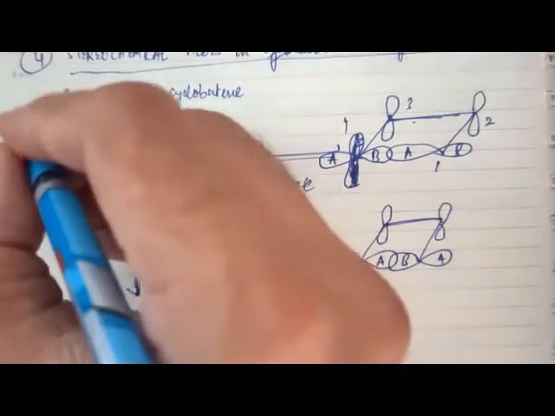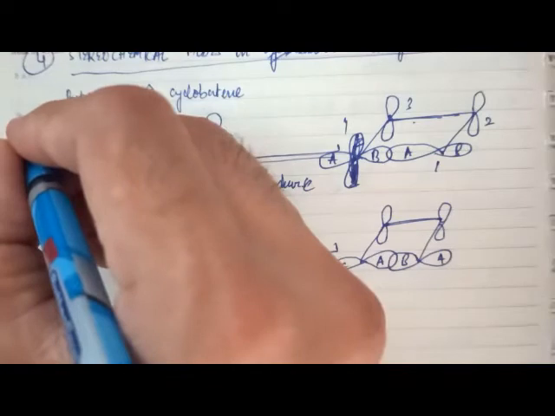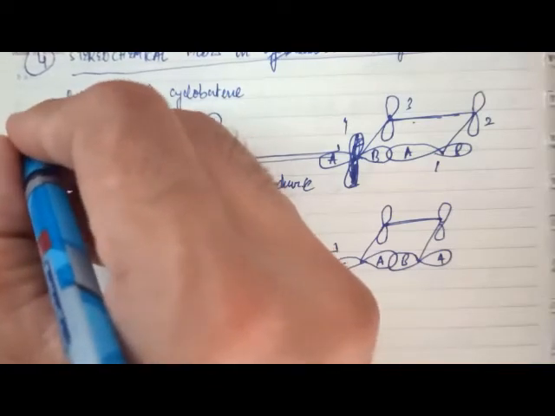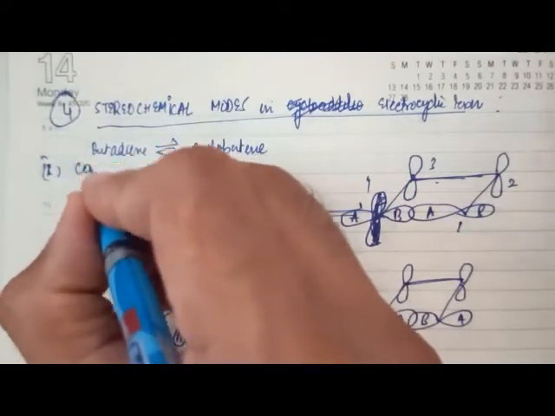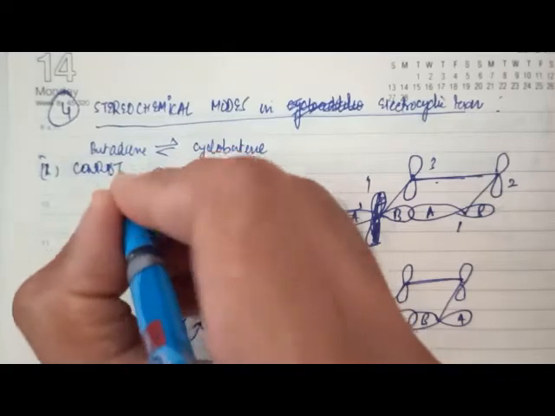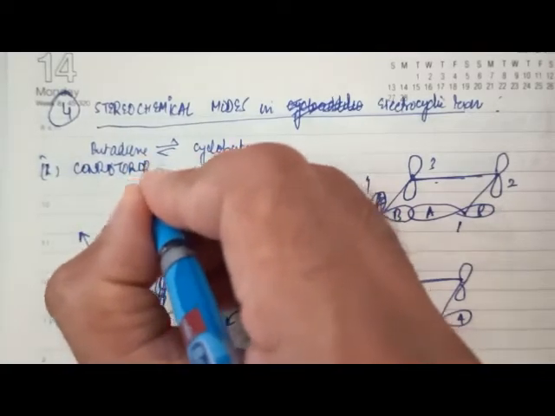So my first case here in the stereochemical mode is called the conrotatory ring closure. What is it?